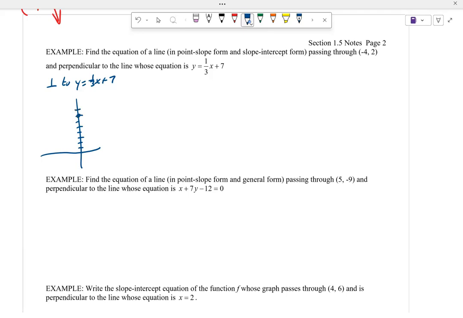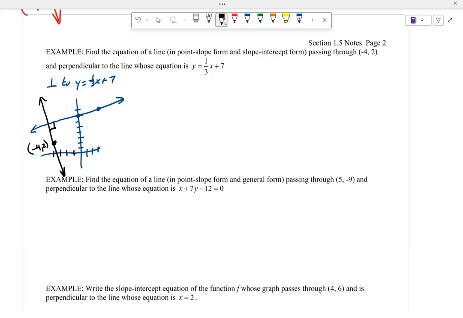I'm going to go up 1, right 3, or you could go down 1, left 3, same thing. But we want this line, I'll do it in black this time, through (-4, 2). Here's my (-4, 2), it goes through there.